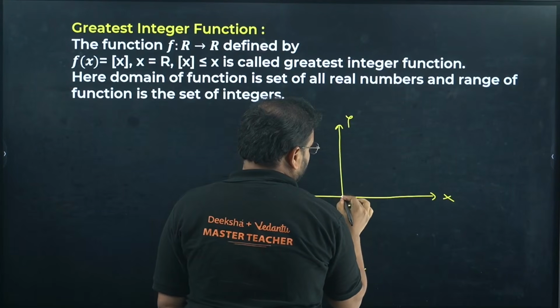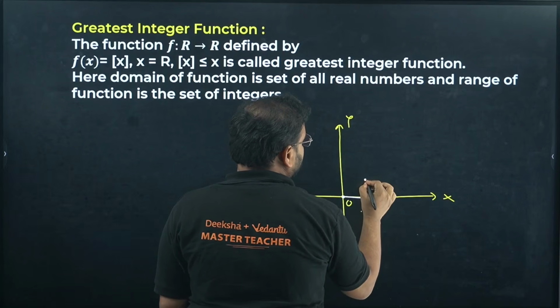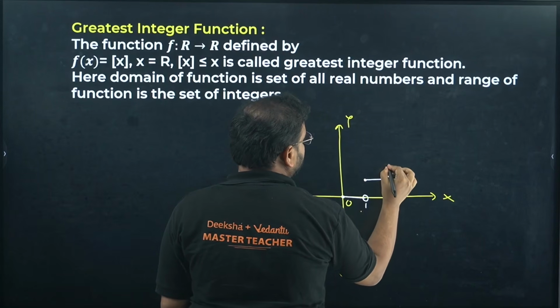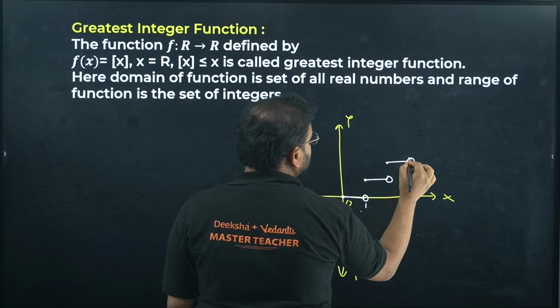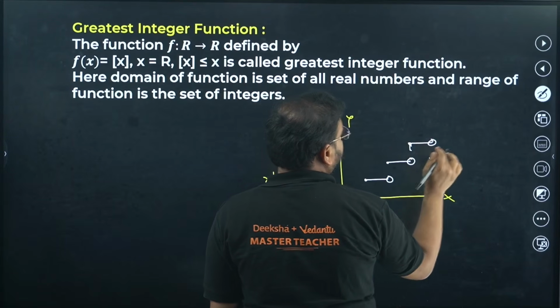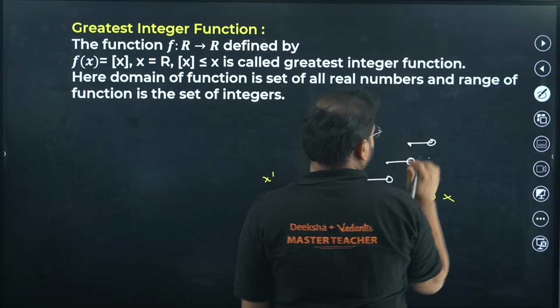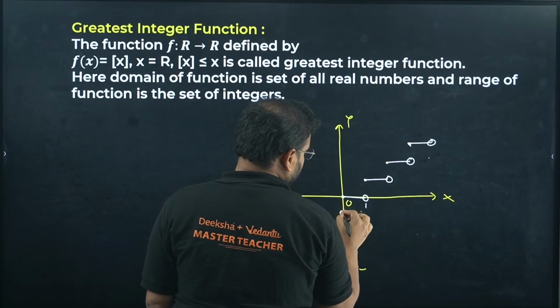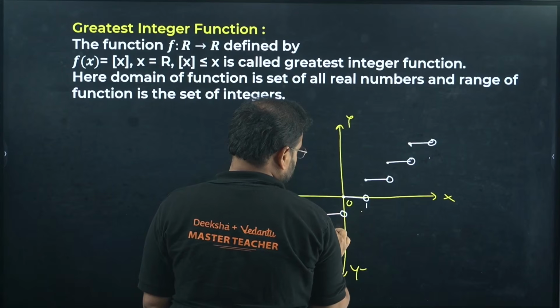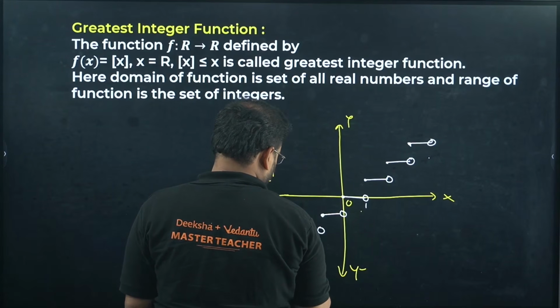At 0 it is 0, then goes till 1 like this, open, then there's a jump, close, open, jump, close, open, a step function basically. Okay, this is incorrect, let me erase this, and so on. I have to go backwards as well. Close. This is the graph.